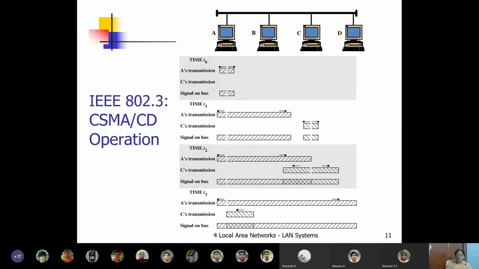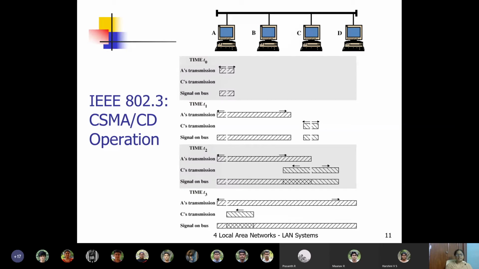At time T1, A's transmission has crossed B, and therefore B can detect that A is transmitting. At the same time T1, C wants to transmit. C senses the channel, finds that it is free, and therefore transmits, because it cannot detect A's transmission yet.